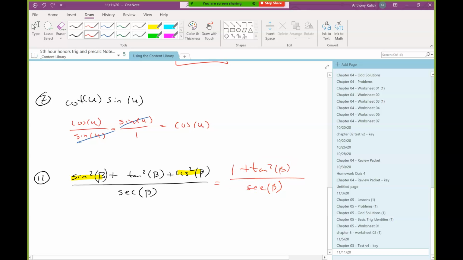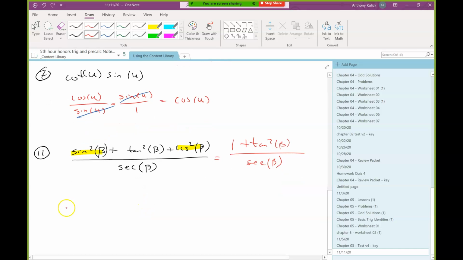And then I recognized 1 plus tangent squared as one of my Pythagorean identities. That is just secant squared. And then I can just reduce this fraction, right? And I'm left with just secant beta.